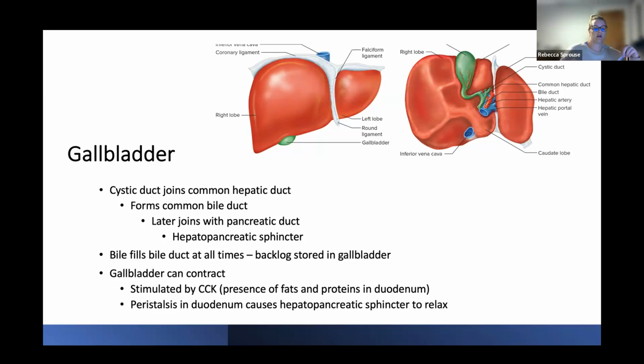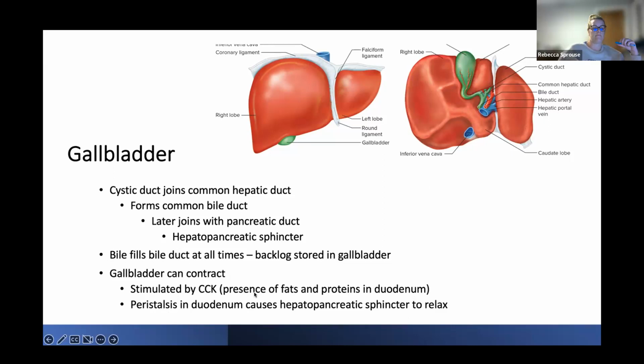Bile fills the bile duct at all times. So it always has bile in it ready to go, but we have a store here in the gallbladder at any given time. I'm going to go over this more in the physiology section, but essentially the presence of components in the duodenum stimulates the gallbladder to contract via some hormones.